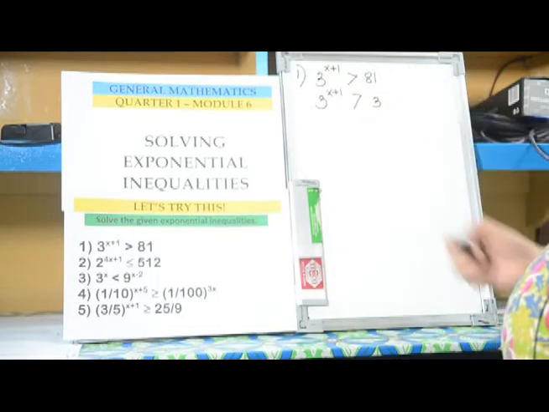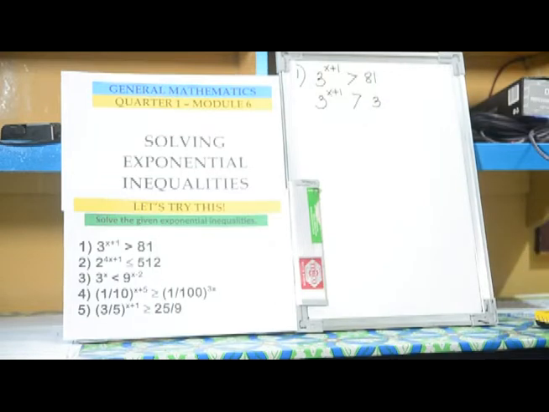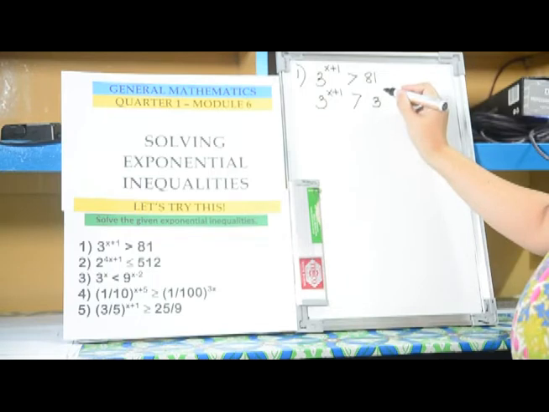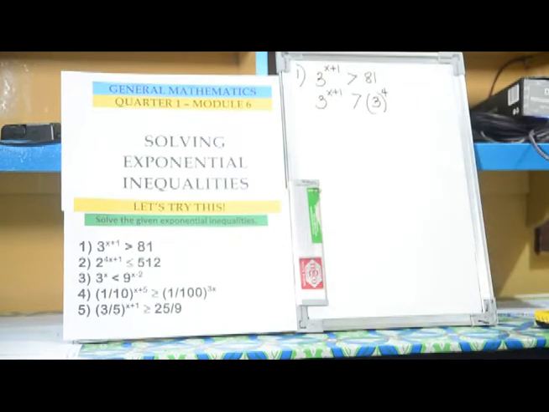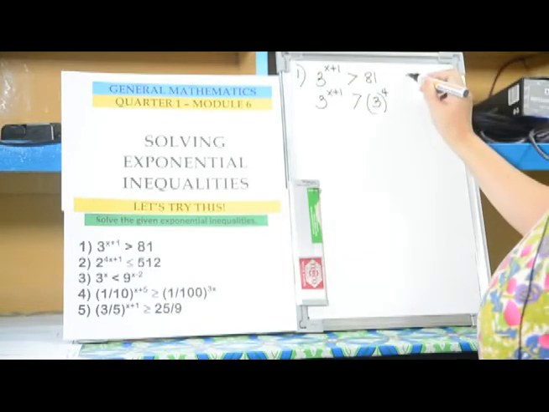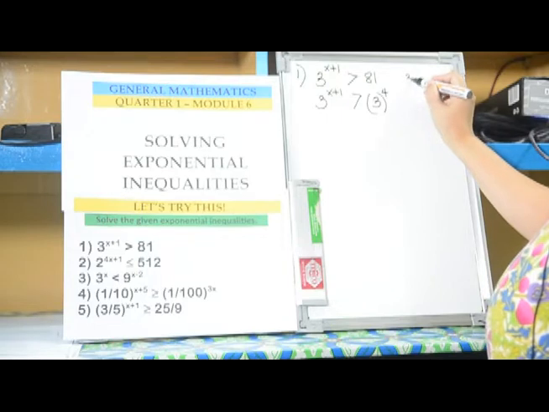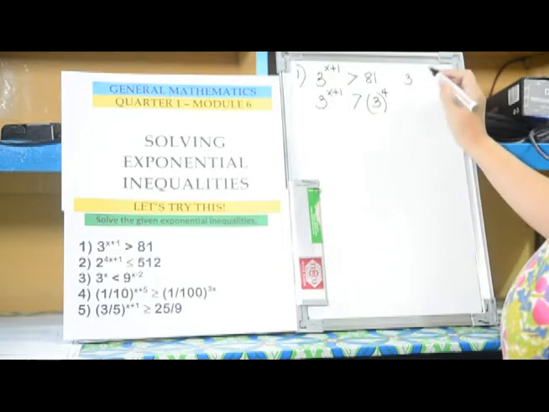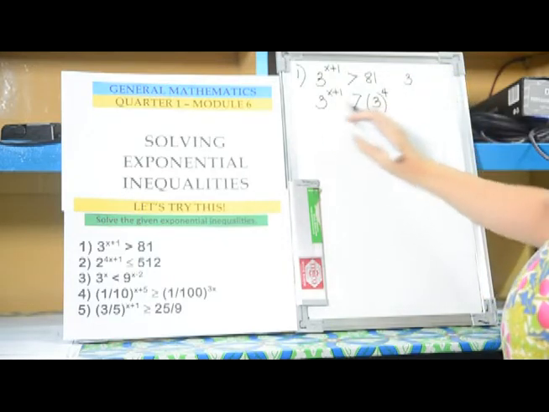To make it 81, we have to raise 3 to the power of 4, because 3 raised to the power of 4 is 81. Again, the idea of the property is that if your base is greater than 1, and here 3 is our base.